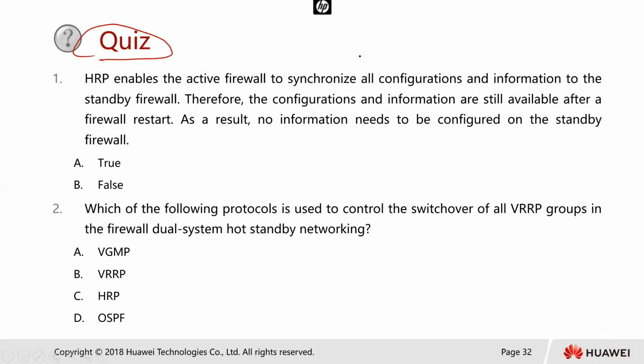True or false? False. Why is it false? A standby firewall can also act as a master firewall after the master firewall has failed. So it needs to have the same configuration as the master firewall.